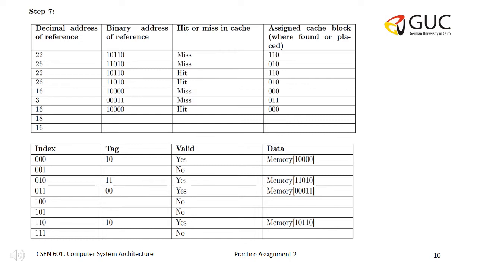So we convert it first into binary, take the 3 bits for the index, go to the cache, check the valid bit, compare to the tag, and then if all these conditions are true, we consider it a hit, and we don't do any update in the cache since no modifications in the data are needed. And this is the case here because 16 is considered a hit because we find the data in the cache.